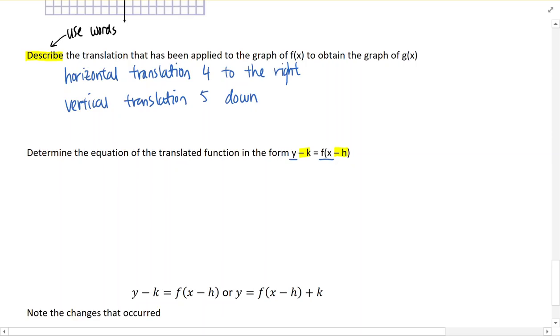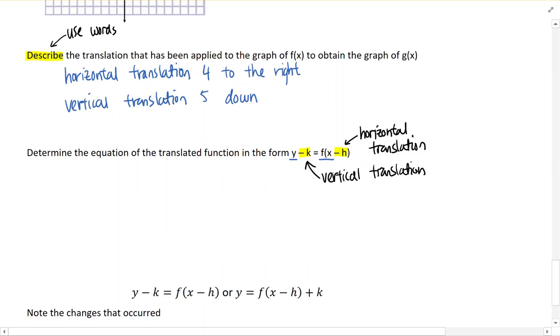If you remember, h basically just means the horizontal translation, and k is basically just the vertical translation.